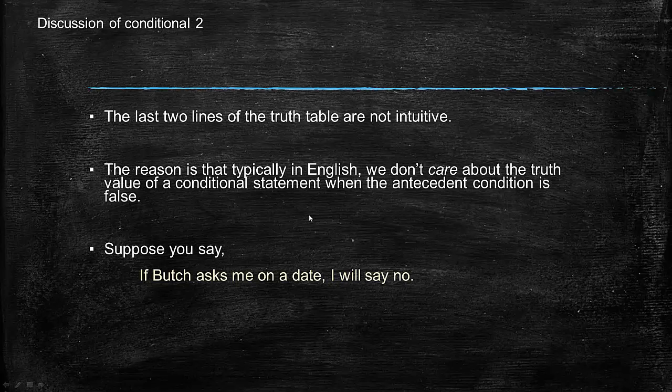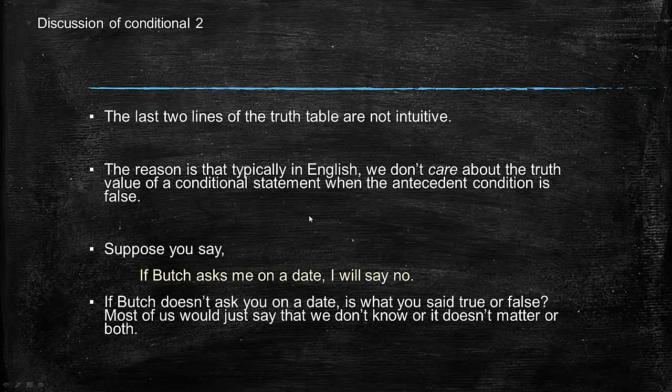All right. Well, what if Butch doesn't ask you on a date? Is what you said true or false? Well, most of us would say we don't know or we don't care. It doesn't matter, or both. We don't know and it doesn't matter. The question just never came up because Butch never asked me on a date.